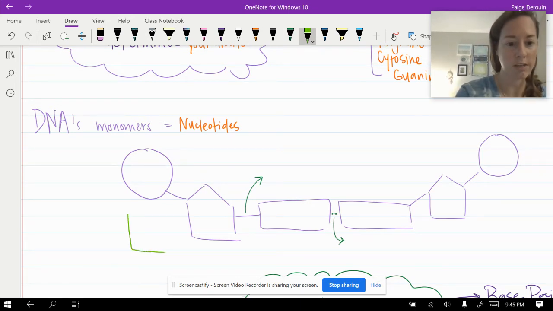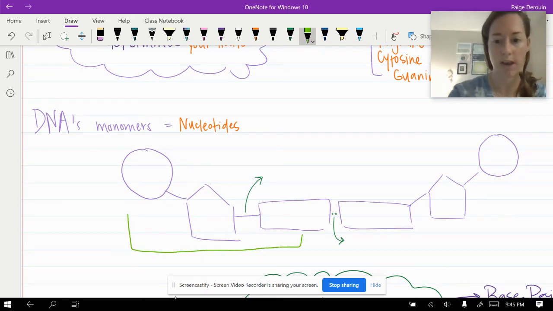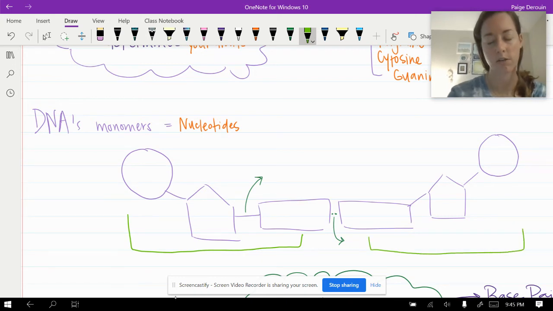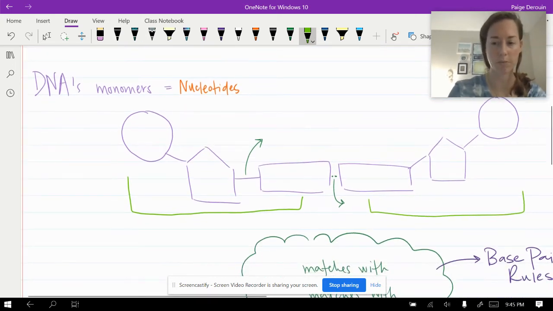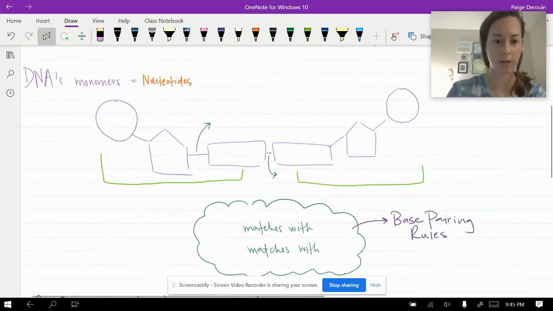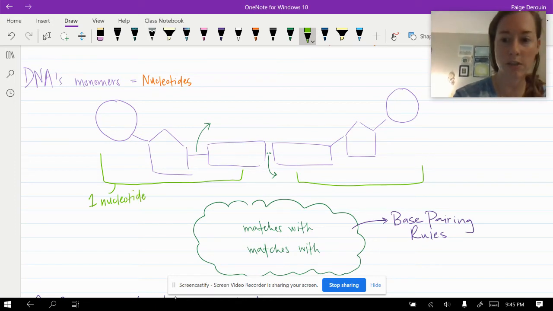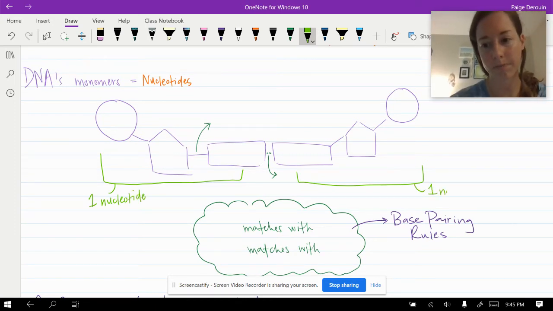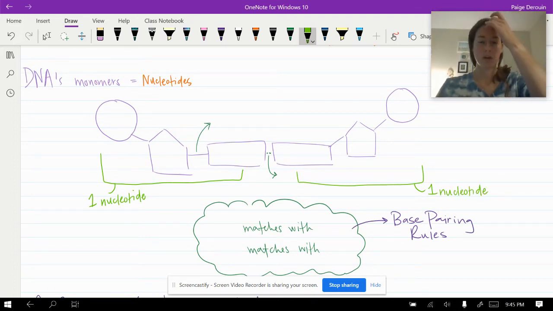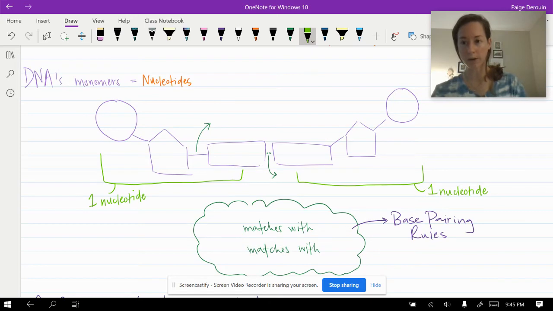This is one nucleotide right here, and this is a second nucleotide. There's two of them. Within the nucleotides, there are three different parts, and you guys are going to be building this, or maybe already have built this, depending when you're watching this video, in class this week.